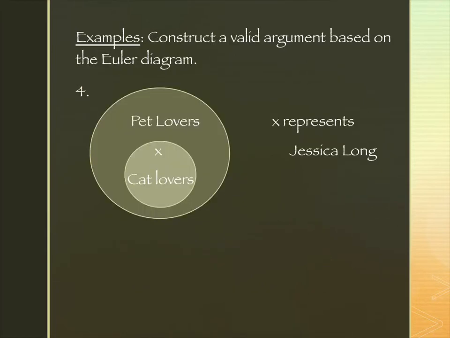So we're actually going to be creating a valid argument with our description. We're not creating something that's invalid, right? So we have to talk about the structure of the circles in one of our sentences. We have to talk about the X and what it's representing and how it's being described. And then we have to make a claim that we think we can make based on the structure of everything else that's true, right? A valid claim.